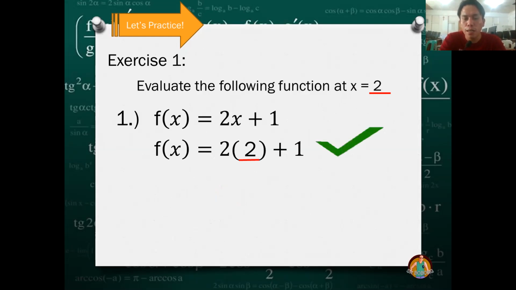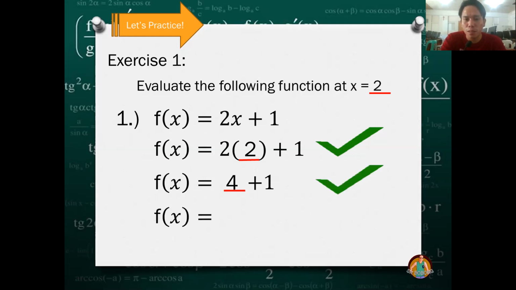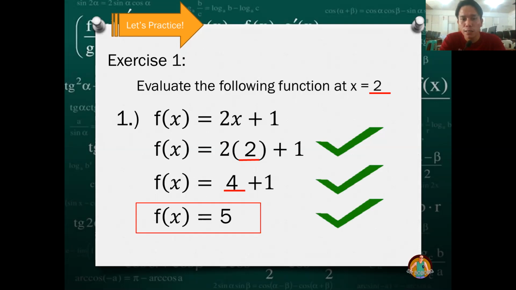Very good. Kasi the value of our x is 2. Papalitan natin yung x. Next, what's your answer? 2 times 2 is 4. Very good. Next, 4 plus 1. What's your answer? 5. That is correct. So ganun lang siya kasimple, parang nagbabalat lang tayo ng saging.